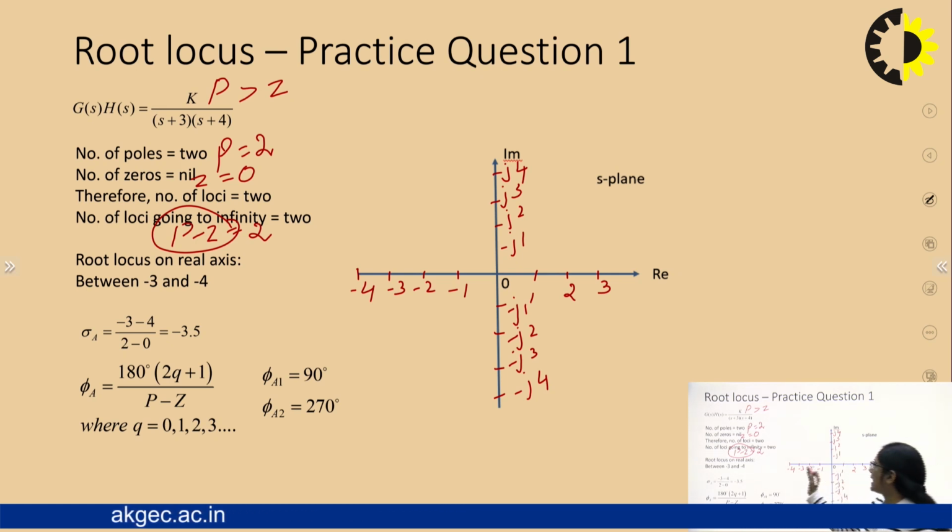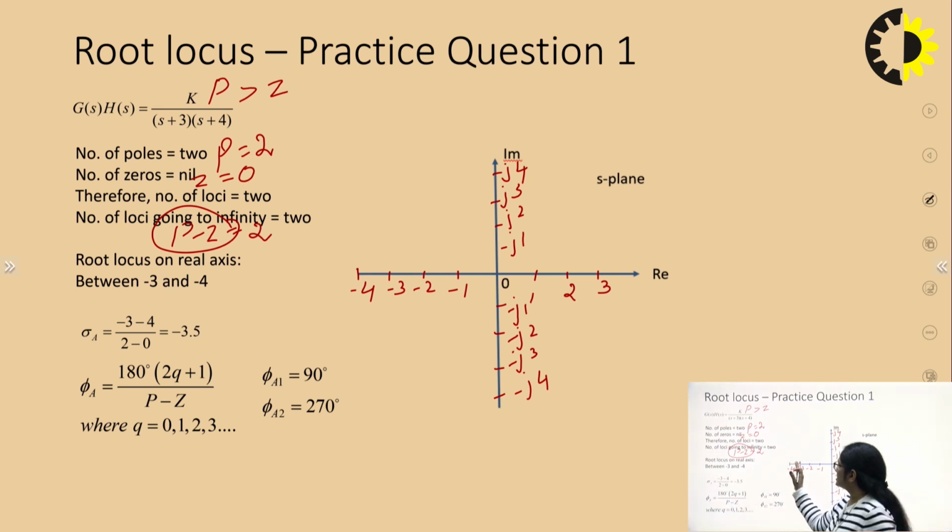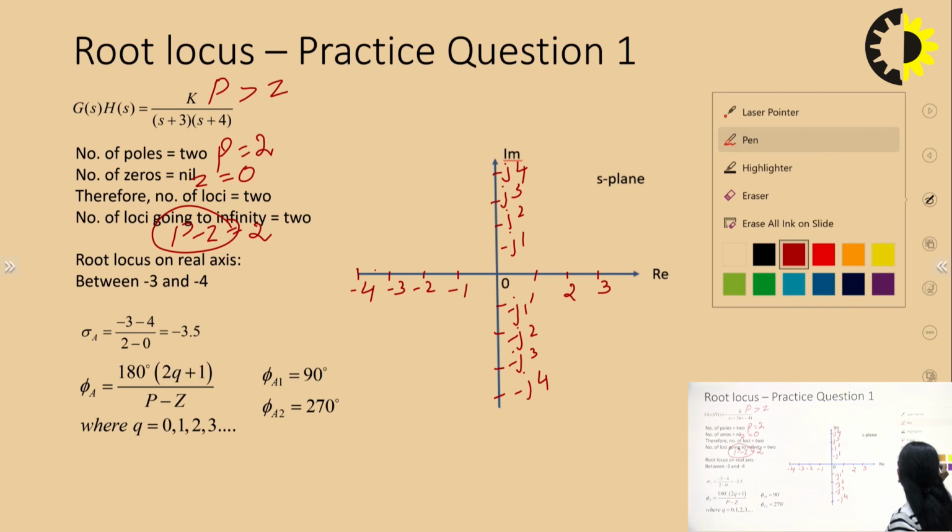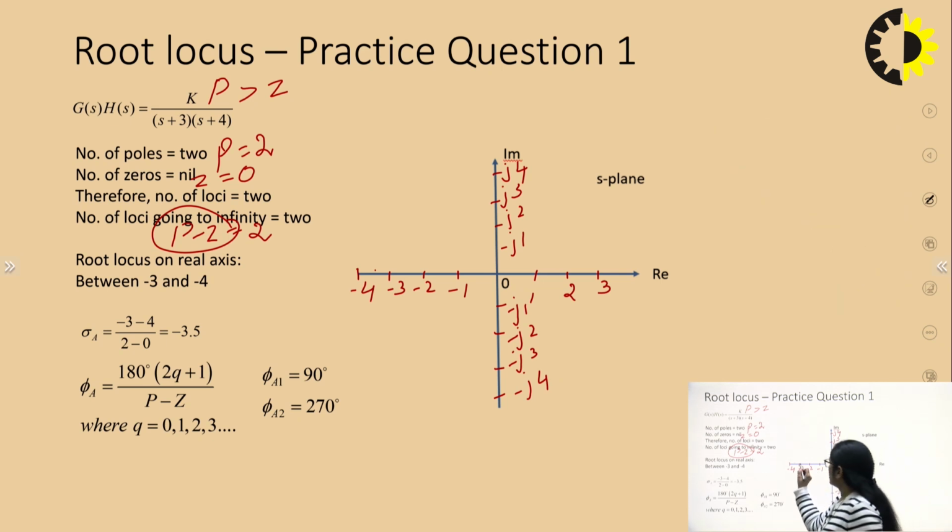Now when I look from a point on the left side of -3, I find that the number of poles plus zeros on the right of this part is 1, that is -3. So, this part on the real axis is a root locus.